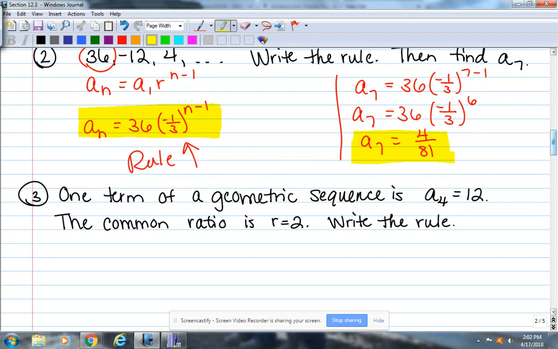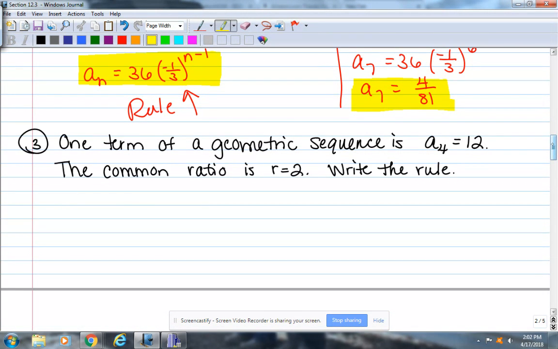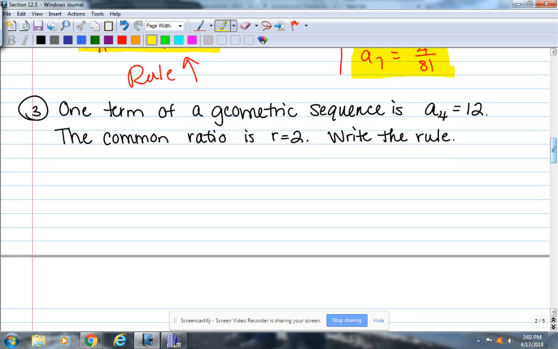This one's going to be slightly more complicated. Now, remember, we always need the common ratio and the beginning term, right?